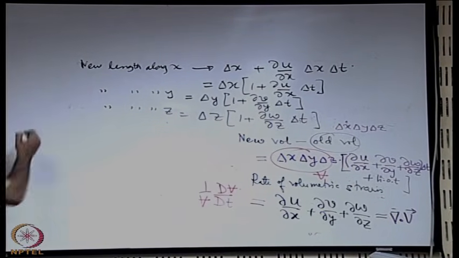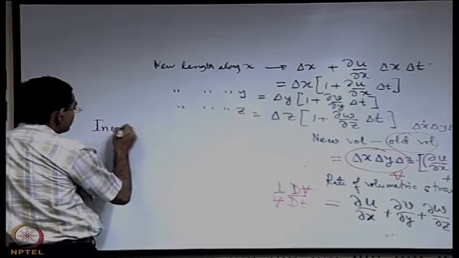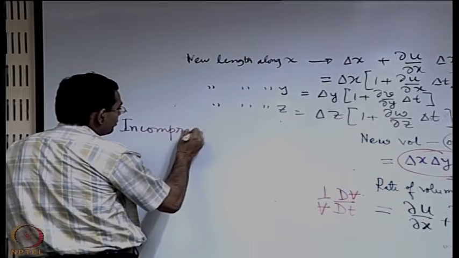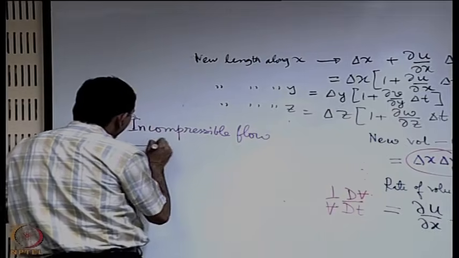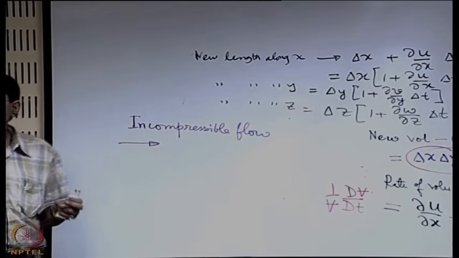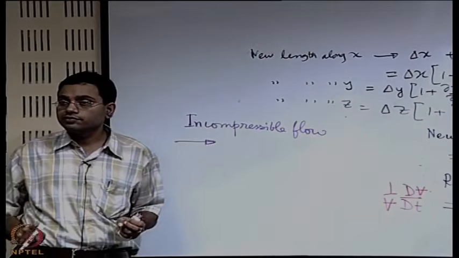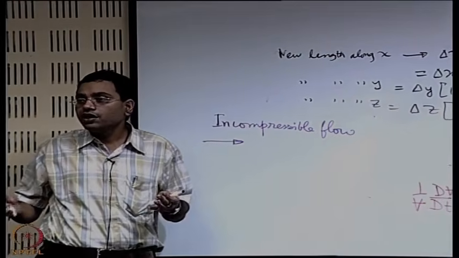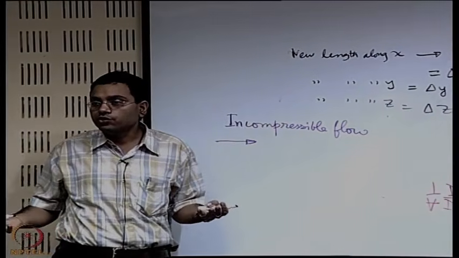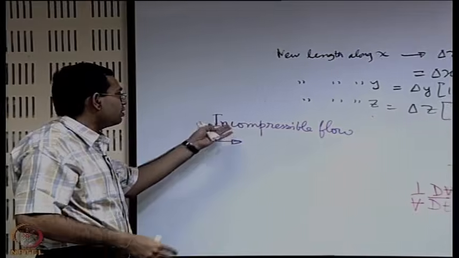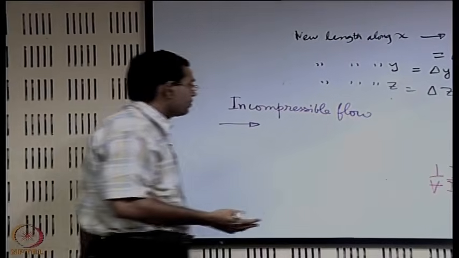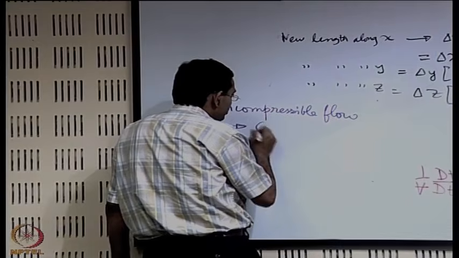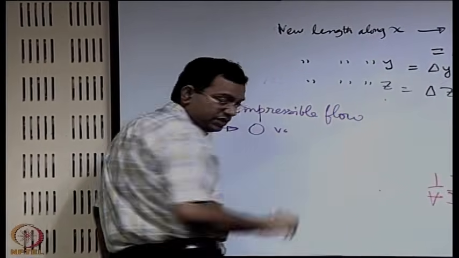So incompressible flow, it will have what signature? One and only important signature, 0 rate of volumetric strain, because the fluid element may not be changing its volume. That is even the literal meaning of incompressible, that you cannot really compress it. So 0 rate of volumetric strain.